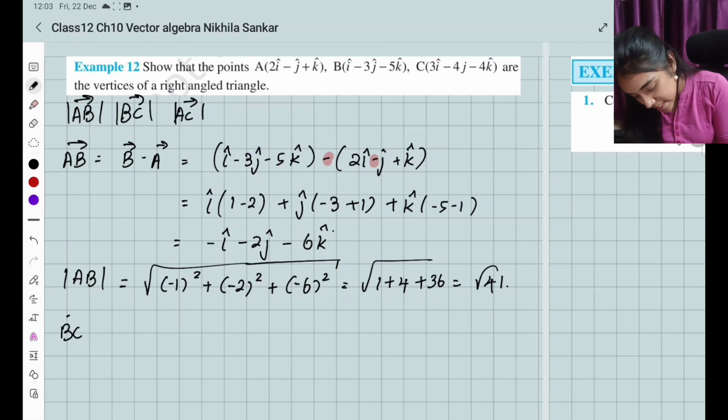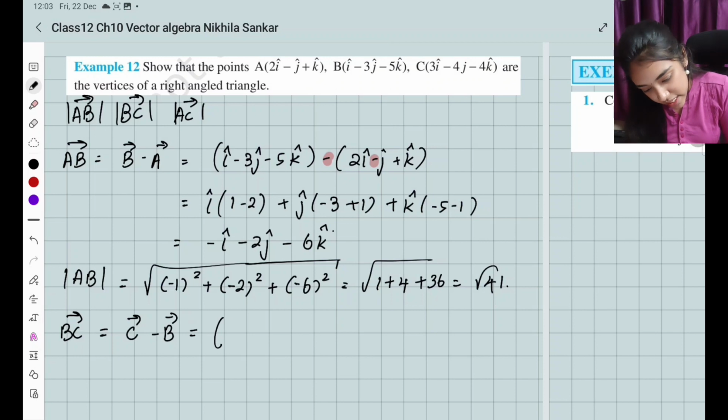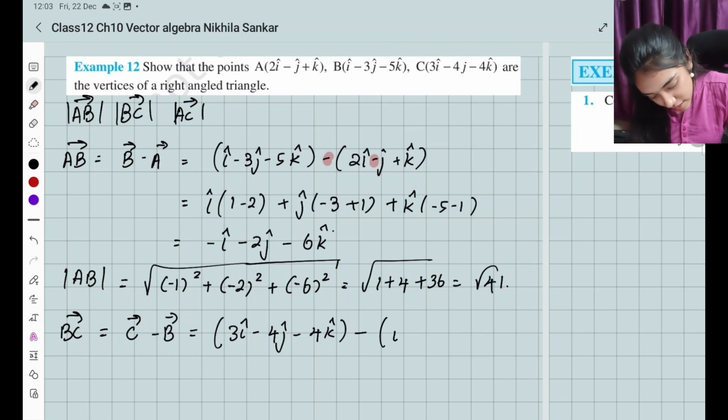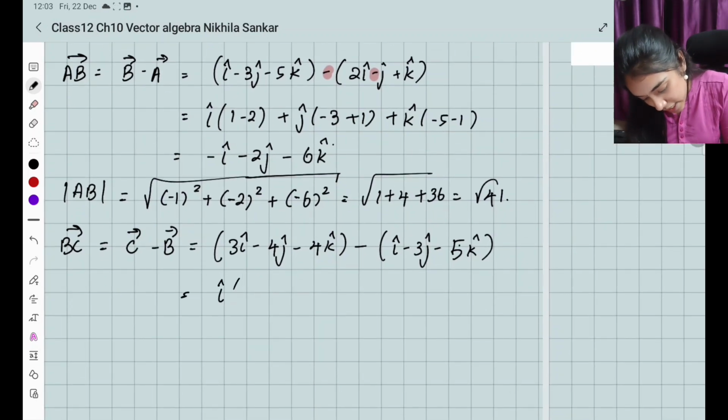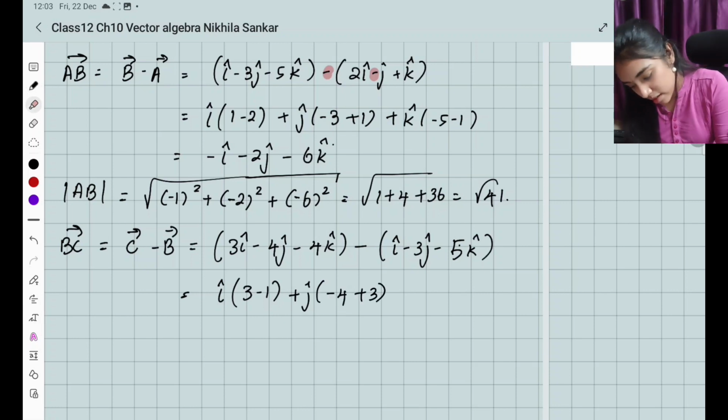Now next, BC, which is going to be C minus B, where C is 3i minus 4j minus 4k, minus i cap minus 3j cap minus 5k cap. So when I do this, I club the i cap terms, I have 3 minus 1, plus the j cap terms, minus 4 plus 3. Again remember you have a minus.